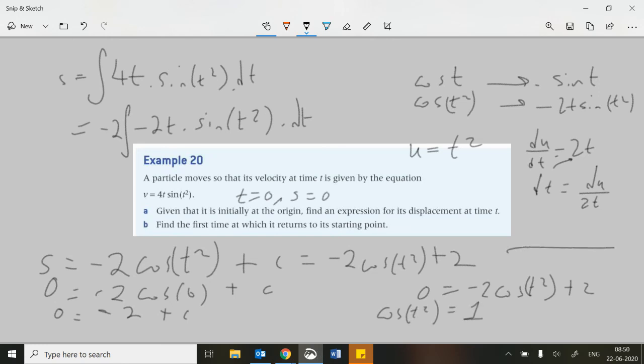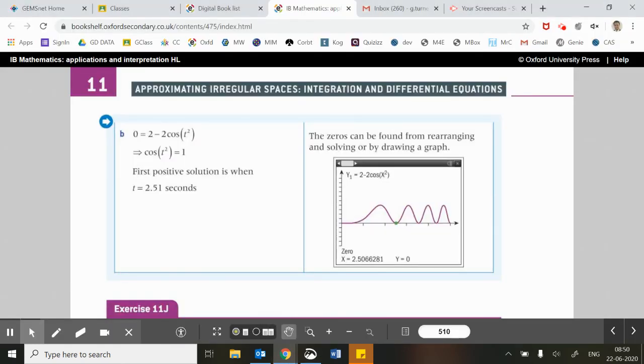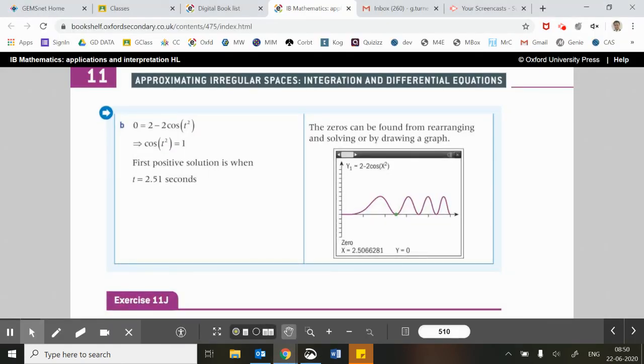If you look at the cos graph, it is 1 at t is equal to 0, but also it's equal to 1 at 2 pi. So t squared has got to be equal to 2 pi. And if you take the square root of that, you get the answer, which they give you here, 2.51 seconds. Guys, that wasn't perfect today, but I hope that helps.